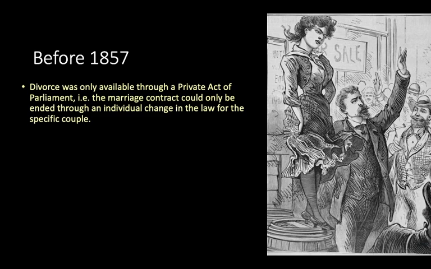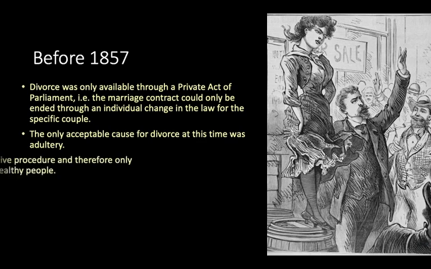Okay, so before 1857, divorce was only available through a private act of Parliament, meaning that the marriage contract could only be ended through an individual change in the law for the specific couple. You had to take it to Parliament in order to get divorced. The only acceptable cause for divorce at this time was adultery.